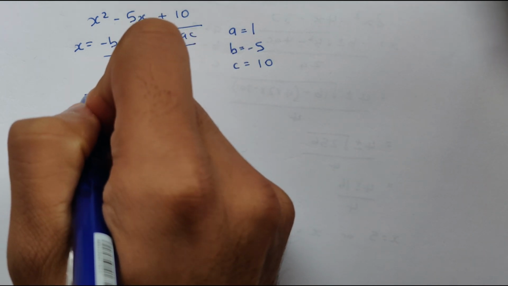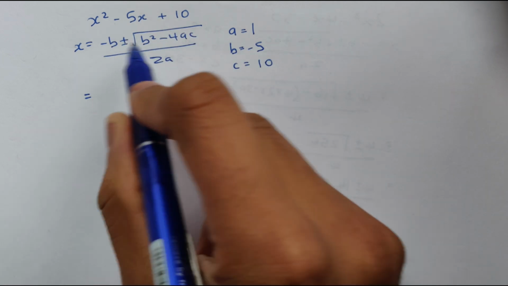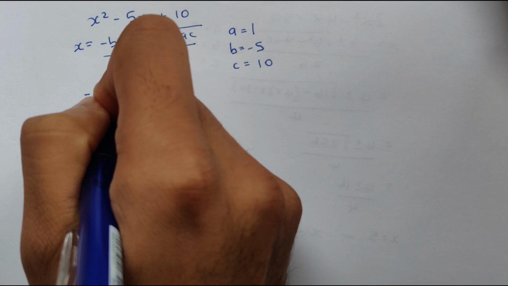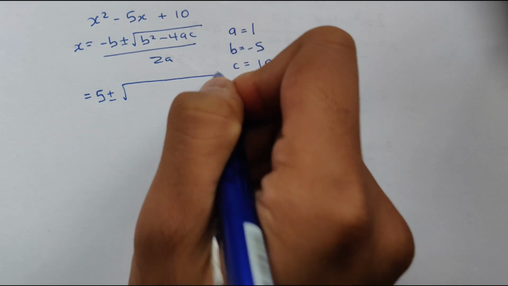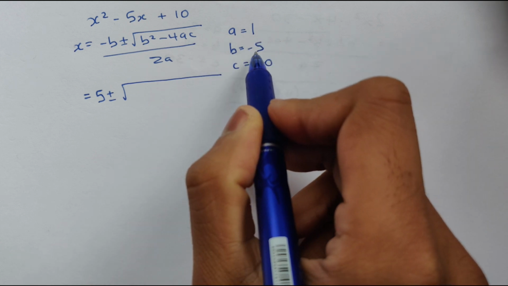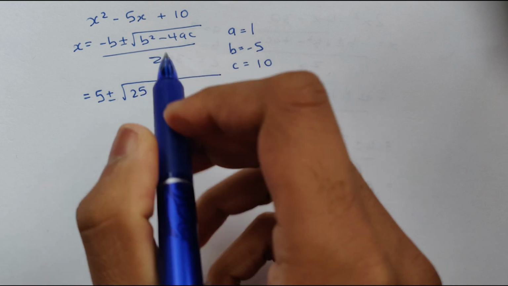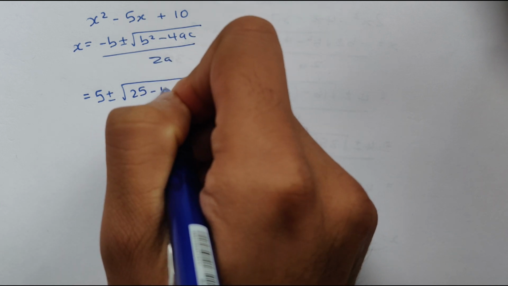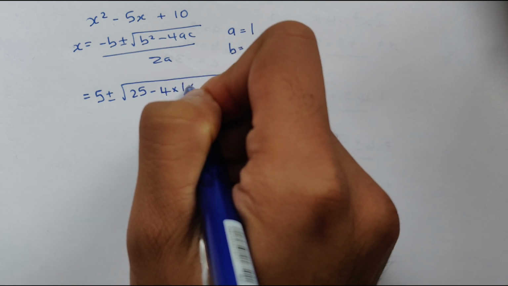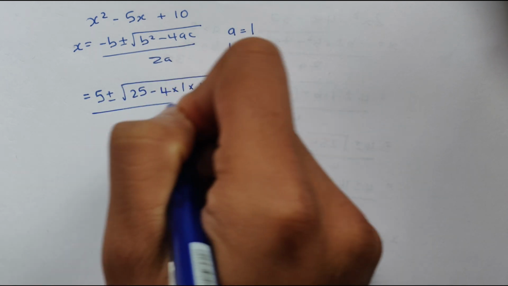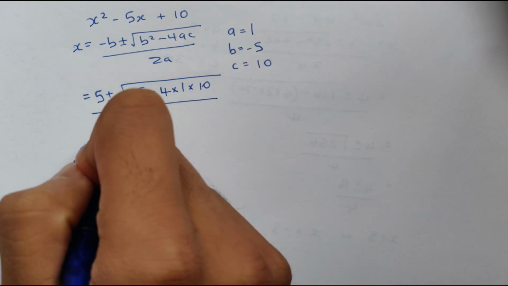We get x equals minus b. So we have minus 5, which is 5, plus or minus the square root of minus 5 squared, which is 25, minus 4 times 1 times 10 over 2 times 1, which is 2.